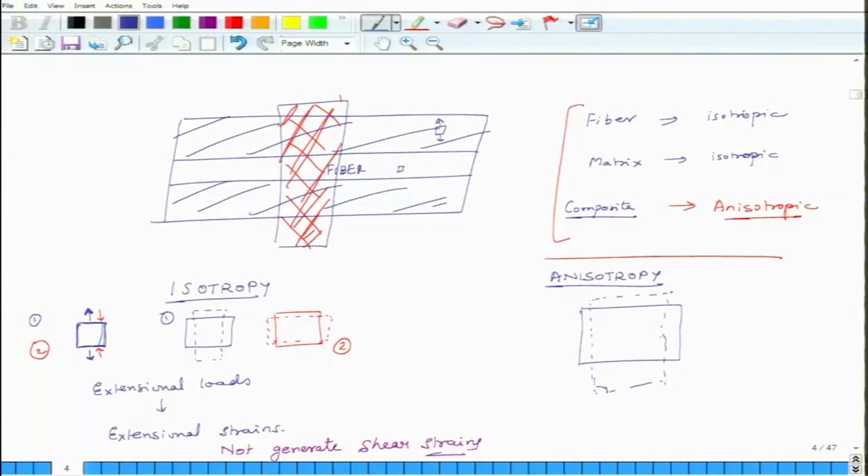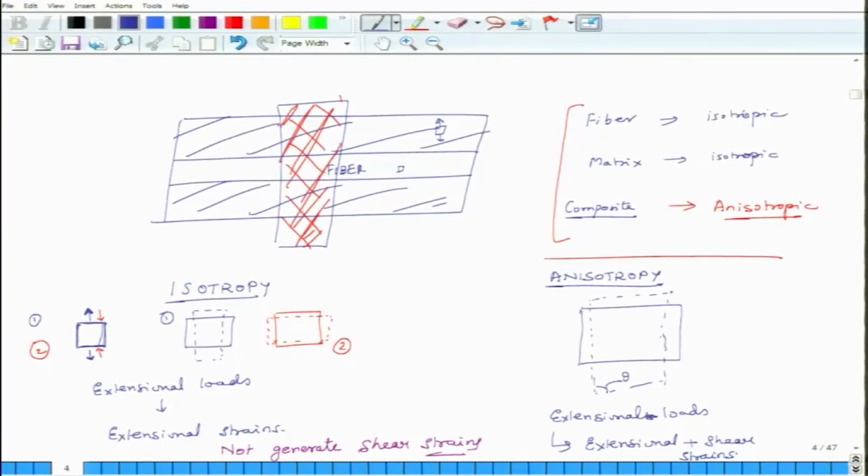So this angle theta will not remain 90 degrees. So in anisotropic cases, extensional loads generate extensional plus shear strains or shear deformation. This is important to understand in anisotropic cases.